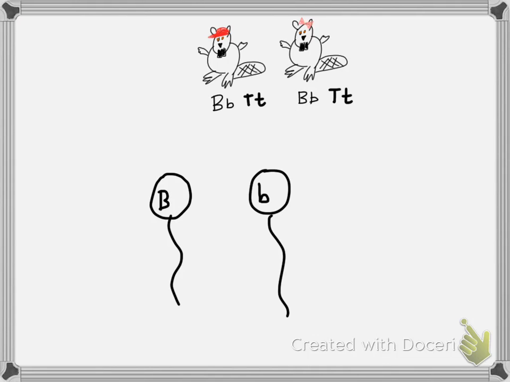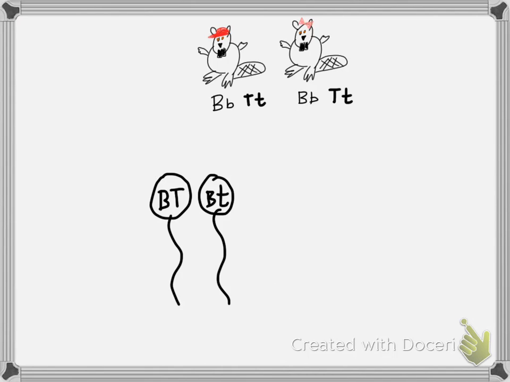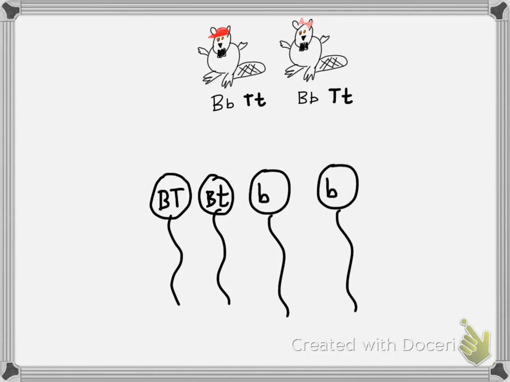A lot of traits are not linked together. So we're going to assume that these are independently assorted. So for every big B sperm that Bucky produces, there's a 50% chance it'll get a big T, but also a 50% chance it'll get a little t. And for every little b sperm that Bucky produces, there's a 50% chance it'll get a big T, and a 50% chance it'll get a little t.